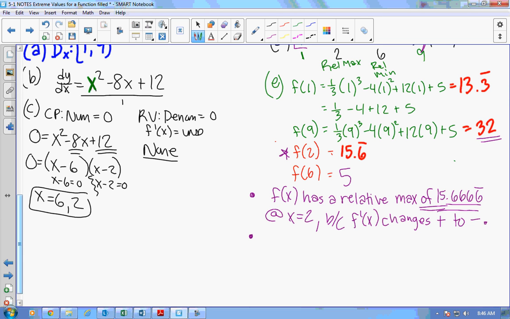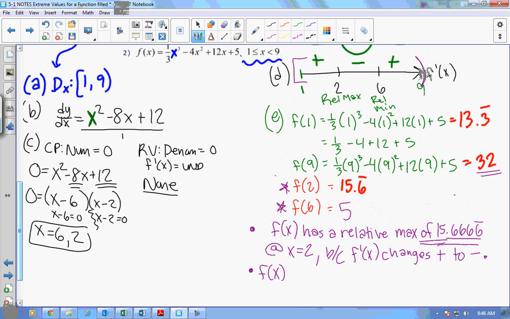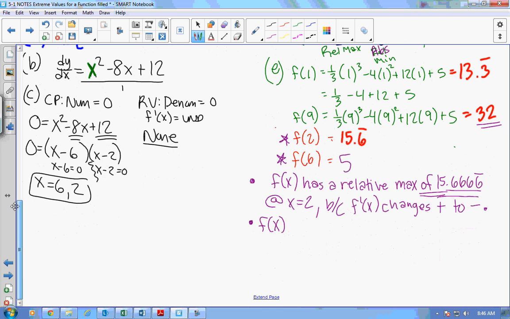What's our absolute minimum? Yeah, it's this one right here, right? So f of x, and actually our absolute minimum, is that an endpoint? Nope. Absolute minimum was actually in the middle of our interval. That's why you need to check your endpoints and see. Sometimes the endpoints are them, sometimes they're not.